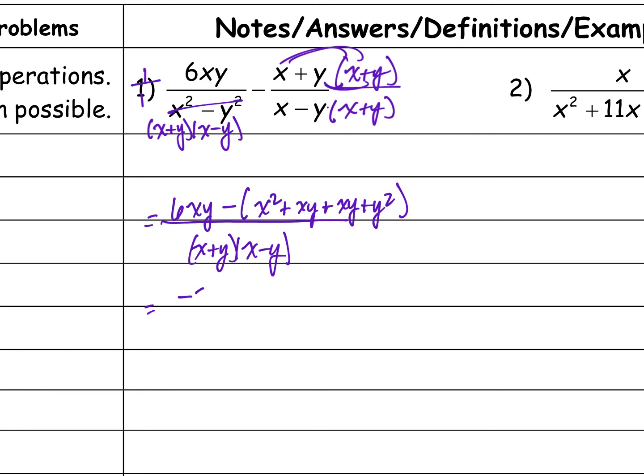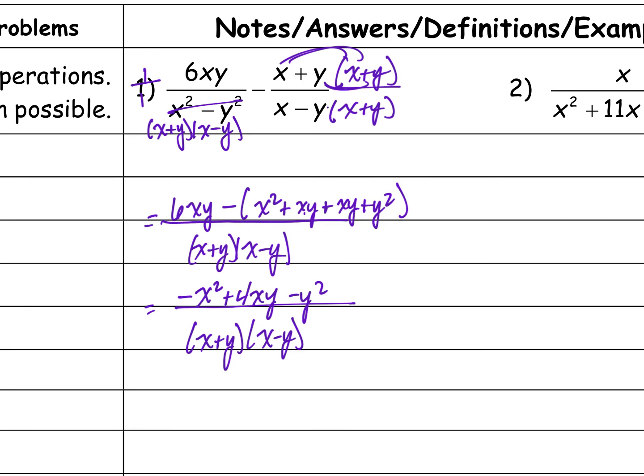And so I'm going to get negative x squared minus 2xy, so plus 4xy minus y squared all over x plus y times x minus y. And there's no way that the top factors, so I'm done. Because I can't take 2 1s and make a 4. It's 1y squared and 1x squared, and it needs to add to be 4. There's no way.